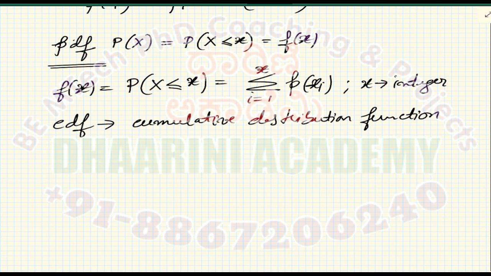Now what we are trying to do here is represent the CDF in a specific case. I think I wrote PDF first, then this f of x is PDF, sorry, this is the CDF, f of x is CDF.